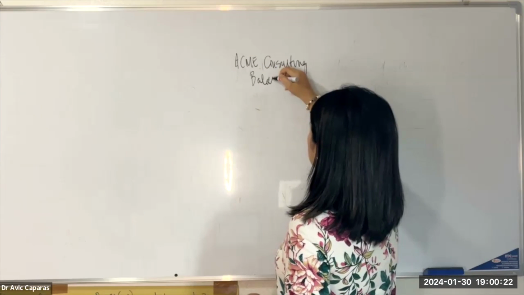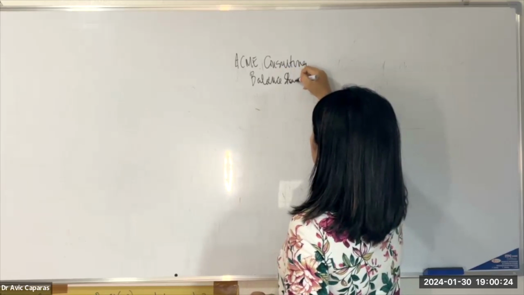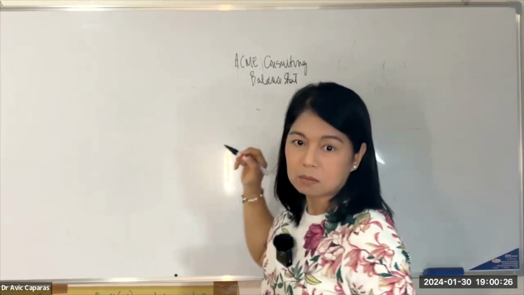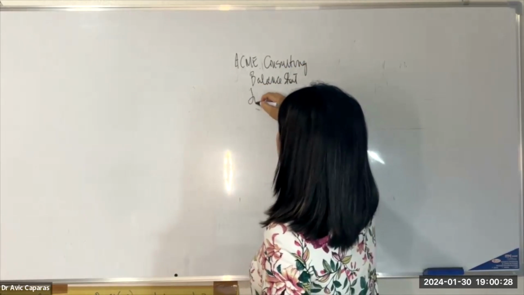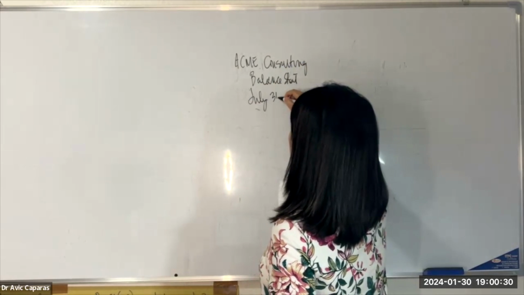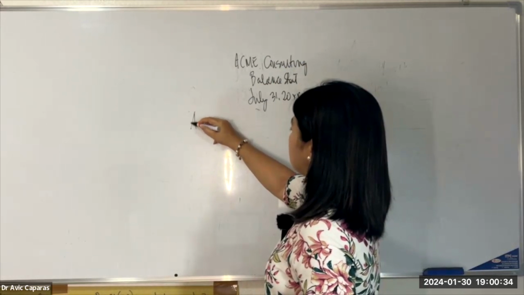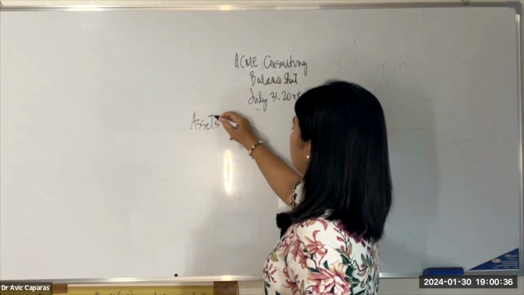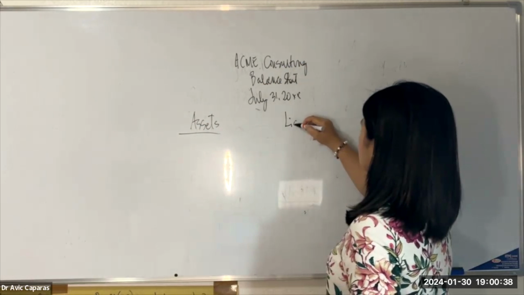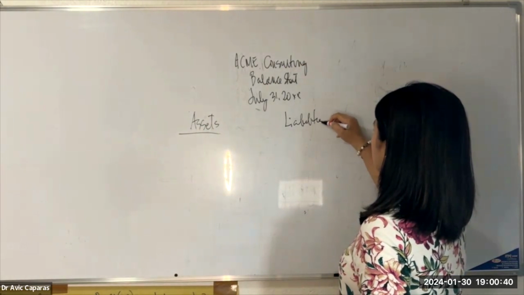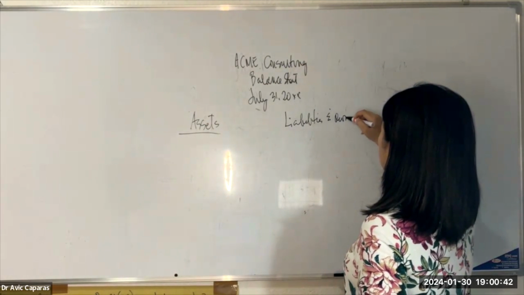Balance sheet, as of July 31, 2000. So we start with assets here, liabilities, and owner's equity here.